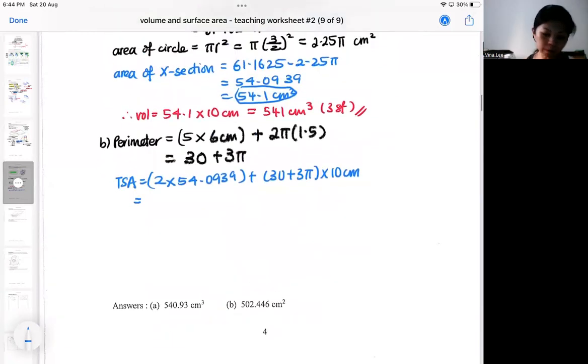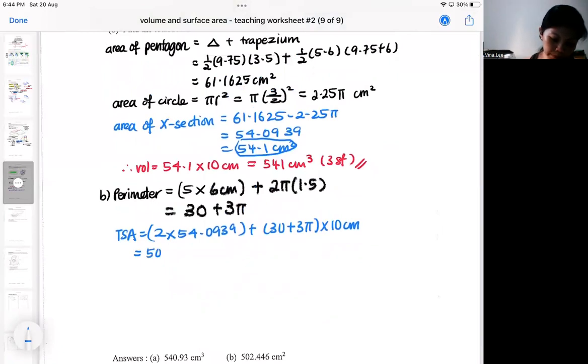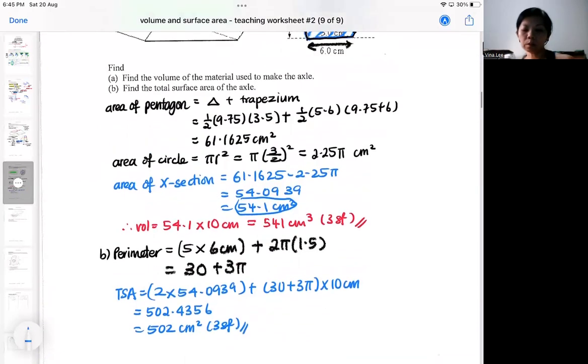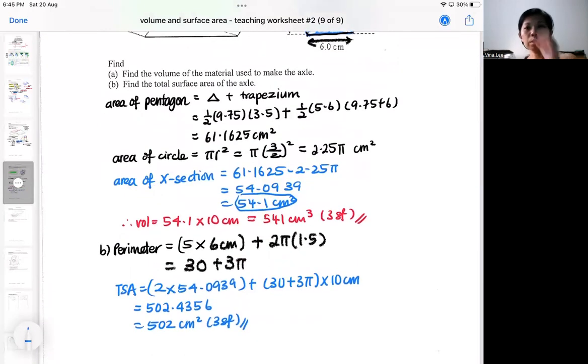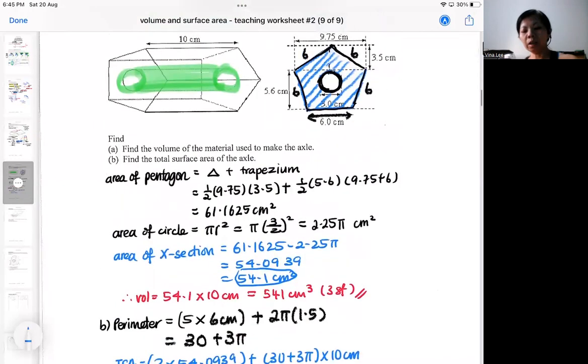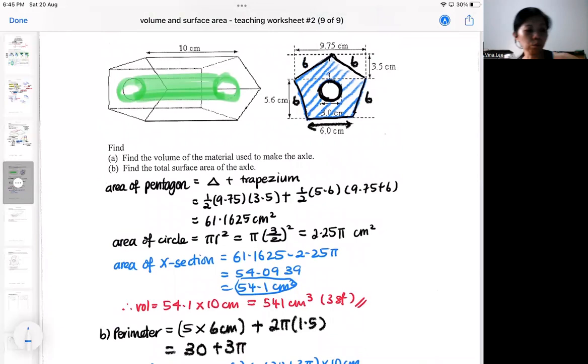So I get 502.4356. So 3 SF. So that's the total surface area. So when you got a hole being drilled, the edges are included inside the perimeter. You do not subtract. So that's one of the common mistakes.